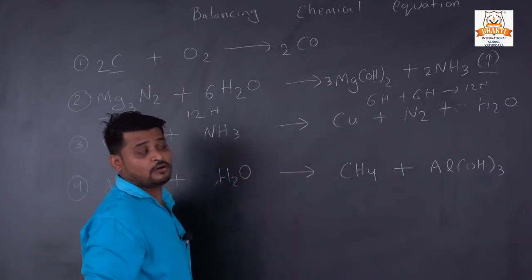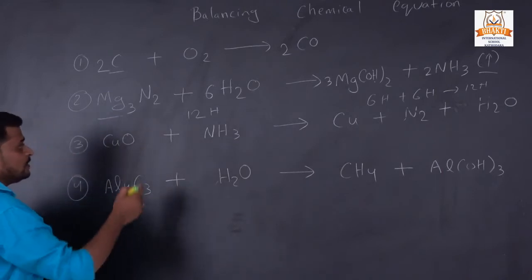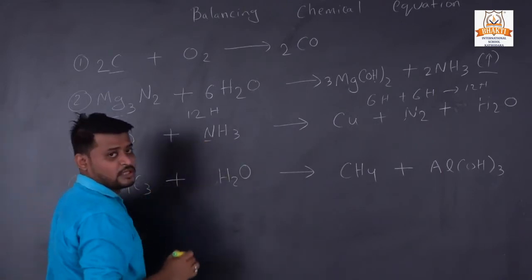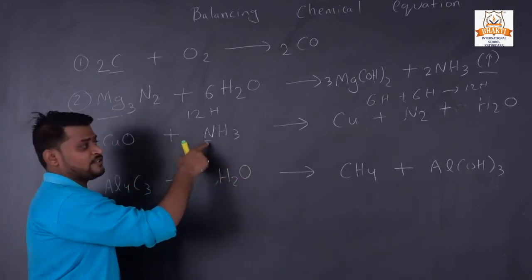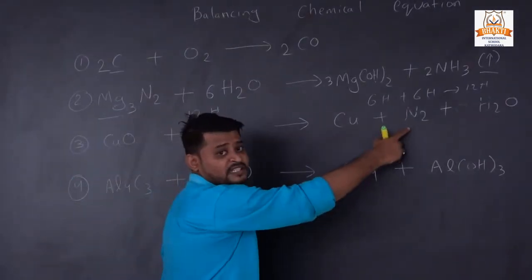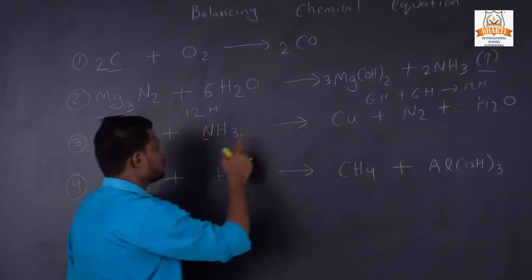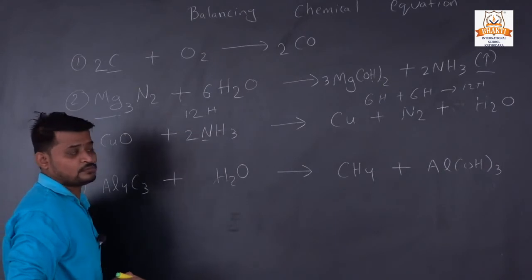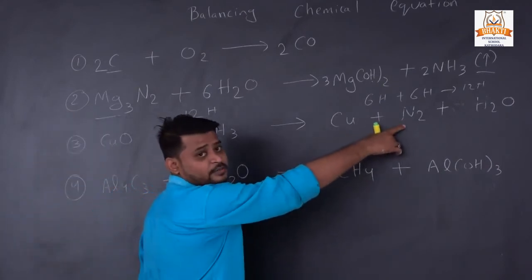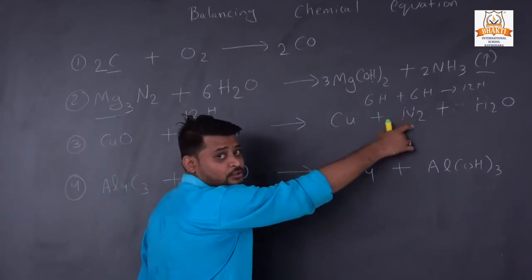Then we go to the next, non-metal. Here the non-metal is nitrogen, and nitrogen is 1 here and 2 there, so nitrogen is unbalanced. So we multiply nitrogen in the reactant by 2. Why? Because the nitrogen in the product was 2.